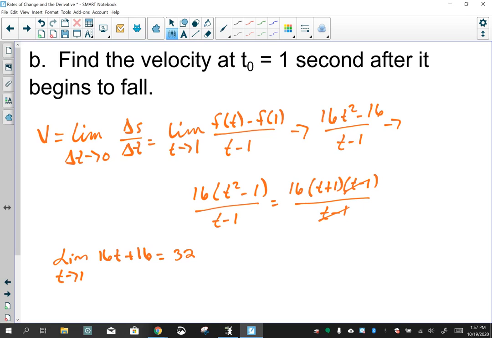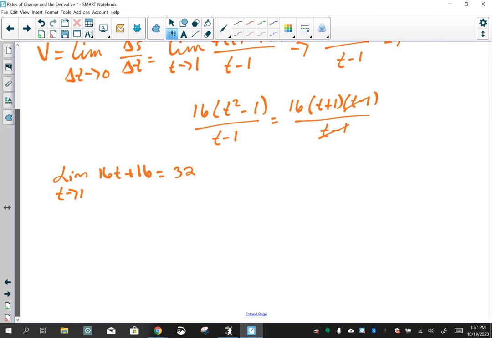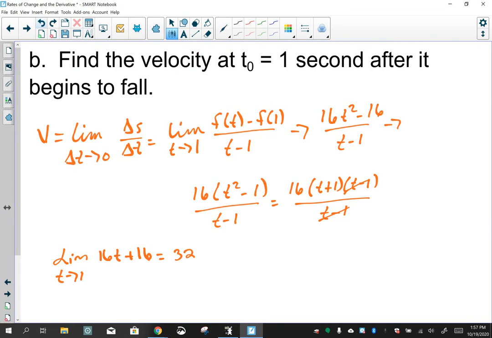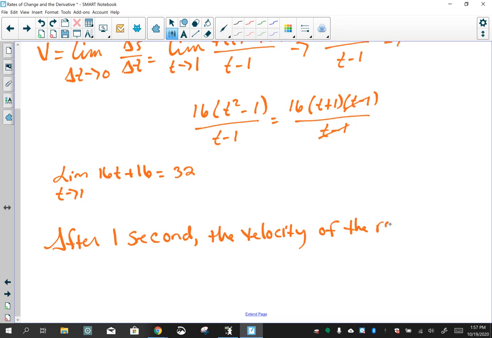So how you physically answer this question is you say: after 1 second, the velocity of the rock is 32 feet per second.